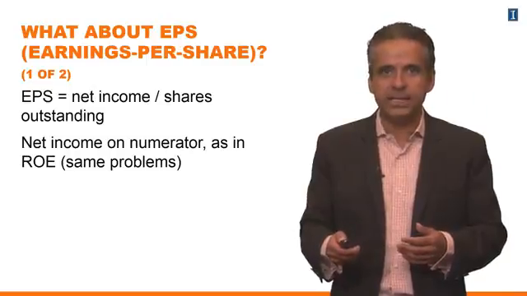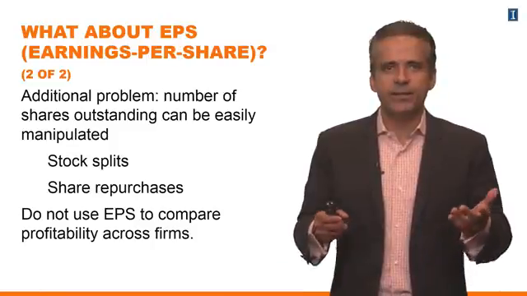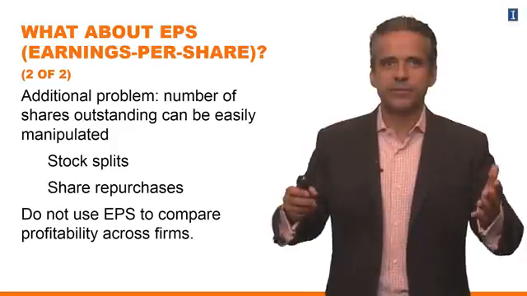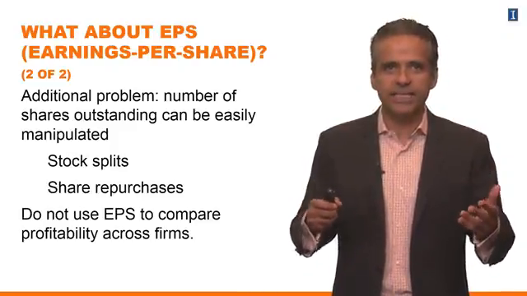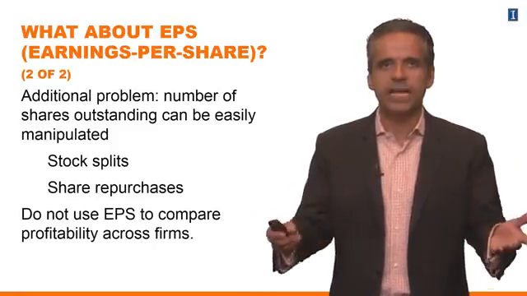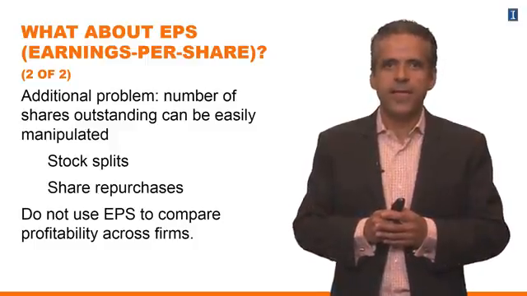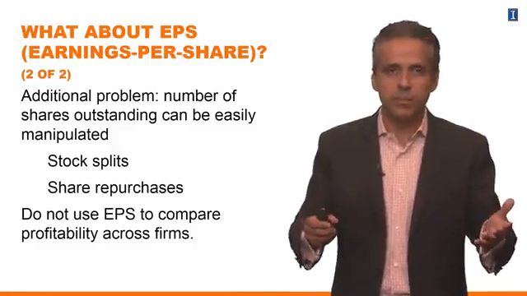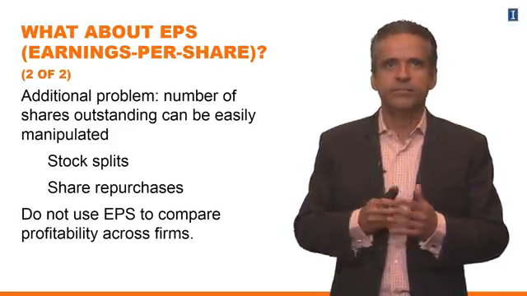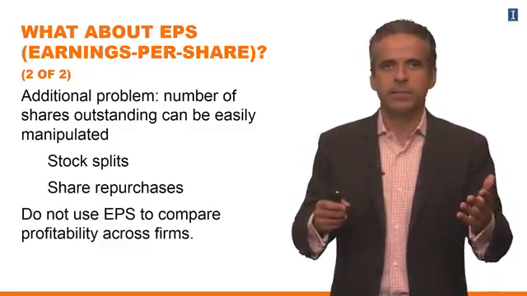In addition to that, there is an additional problem, which is that you are dividing net income by shares outstanding, and as we already discussed, shares outstanding can be easily manipulated. It's very easy to change the number of shares outstanding that a company has with something as simple as a stock split. One thing you could do is adjust your profitability measures to get at the actual profits, but it's much simpler just to not use earnings per share to compare profitability across firms.